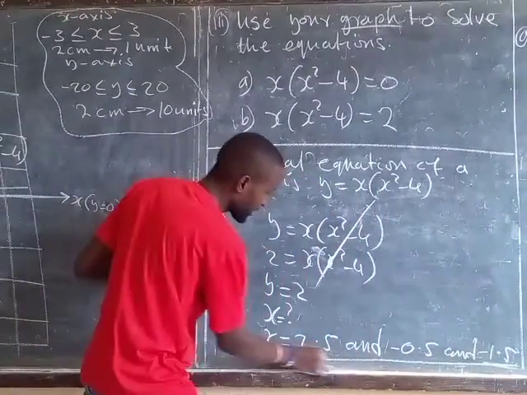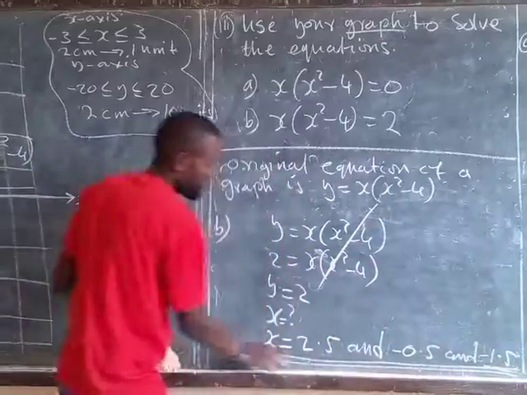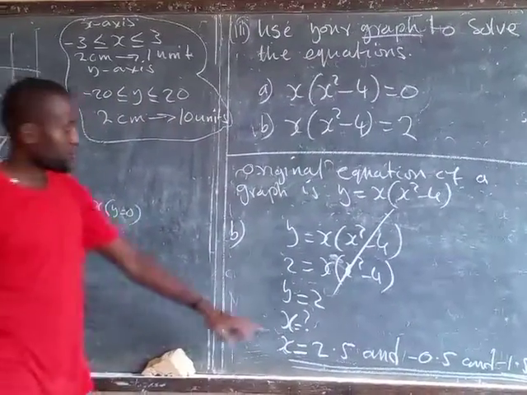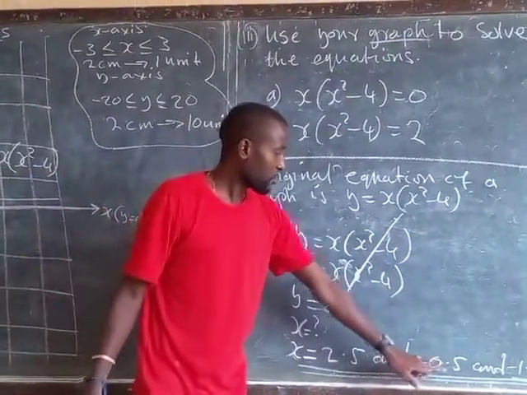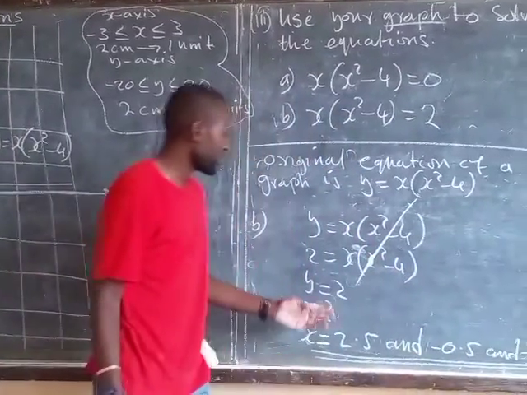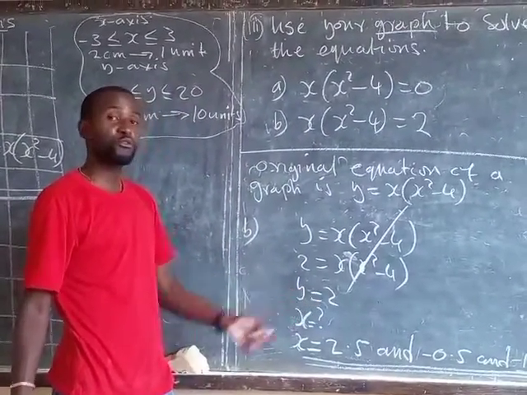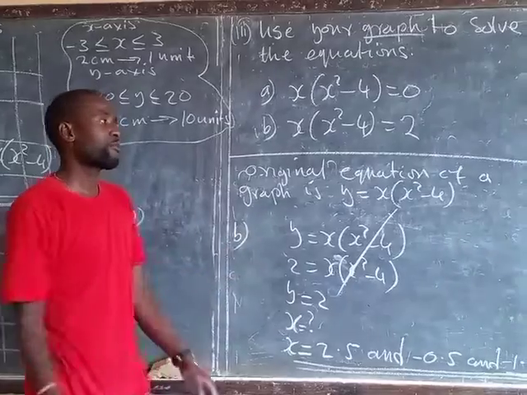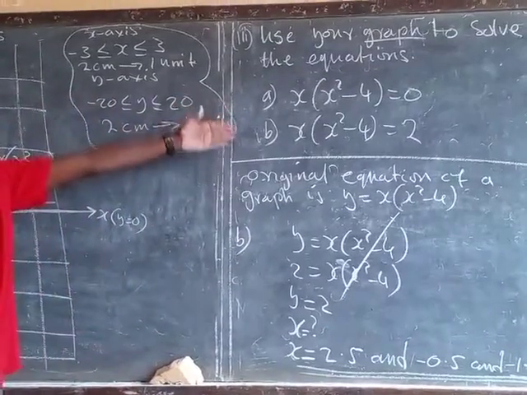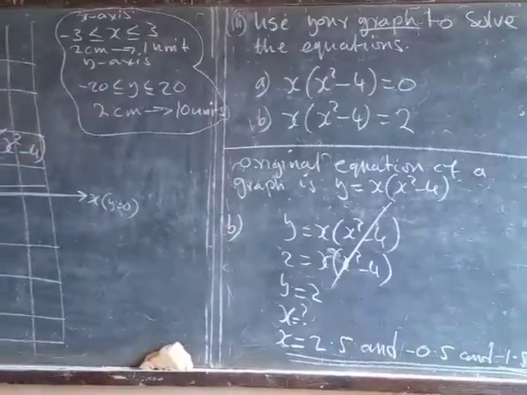So these are my final values for x. I have 2.5, negative 0.5, negative 1.5. This is where this line y is equal to 2 is cutting. And this is how you solve this kind of equations, using the graph which we have drawn.